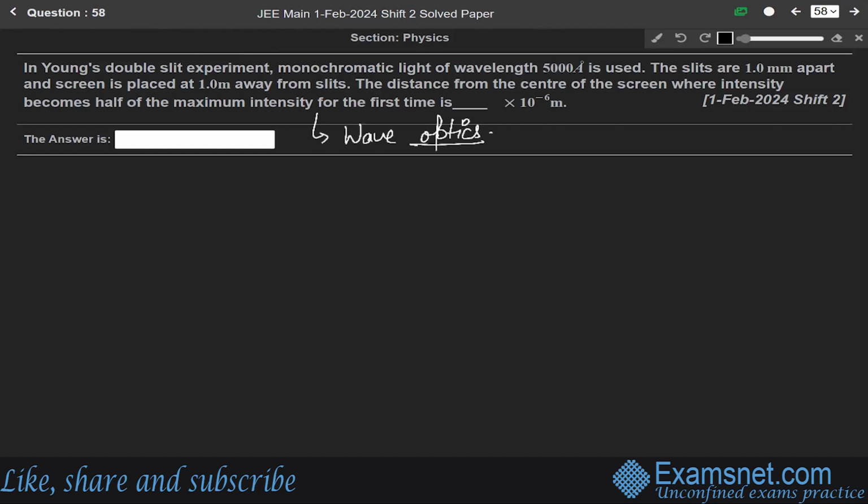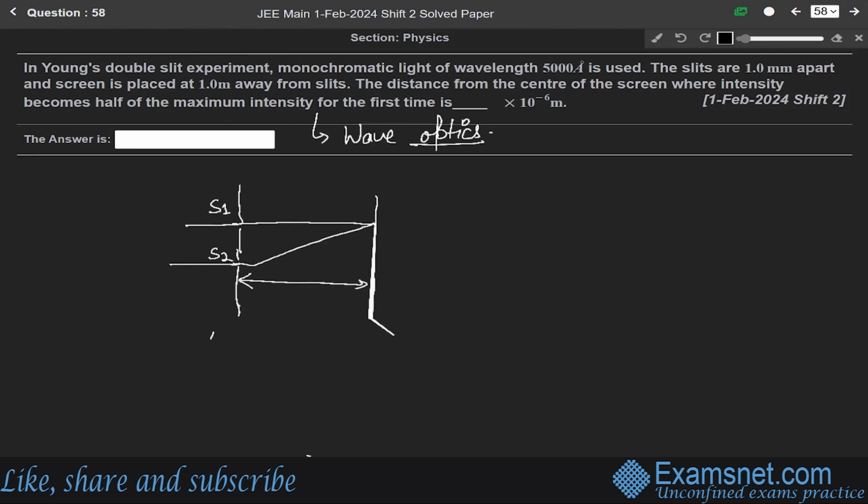Let us say this is slit S1, and this is slit S2. This is the screen. The monochromatic light is coming like this. Let us say the distance between the slits and the screen is capital D and the distance between the two slits is small d.